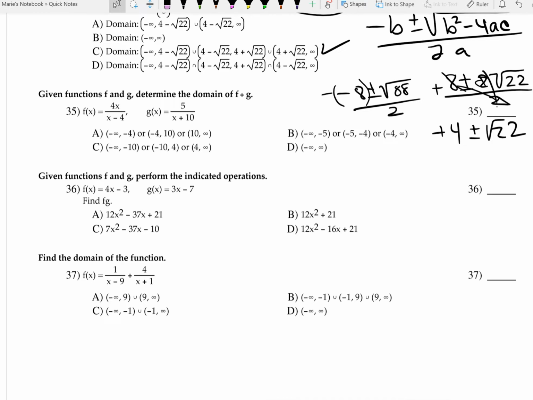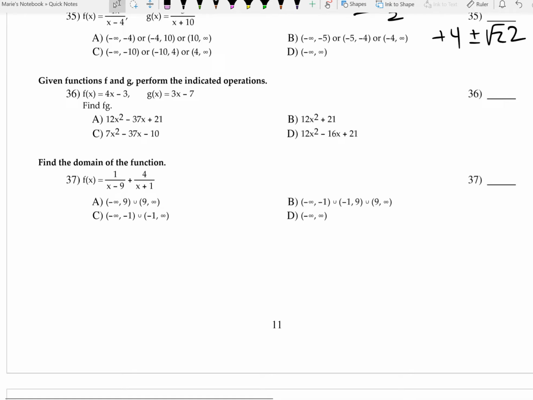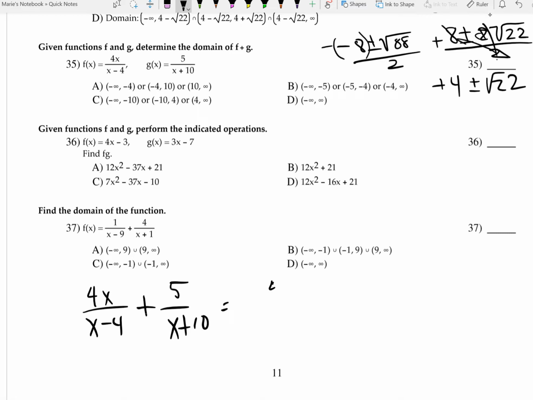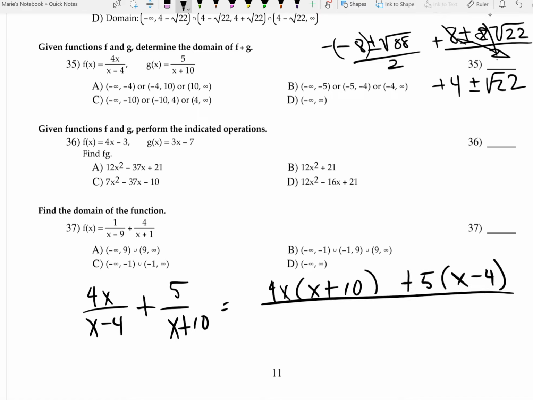Number 35, you're adding two functions. Just remember that if you're adding two functions, such as in this case you have 4x over x minus 4 plus 5 over x plus 10, that this becomes 4x parentheses x plus 10 plus 5 times x minus 4, and all of this over the denominator x minus 4 x plus 10.